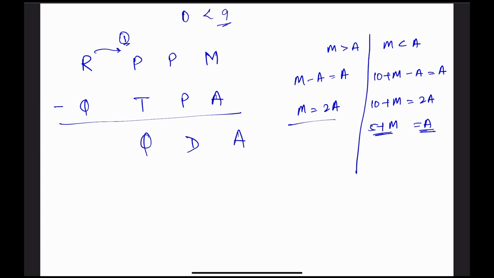So these are the two cases. If I move on with this one, that M is greater than A, then P minus P equal to D. So D will surely be equal to 0.